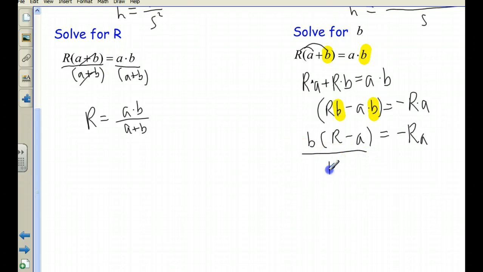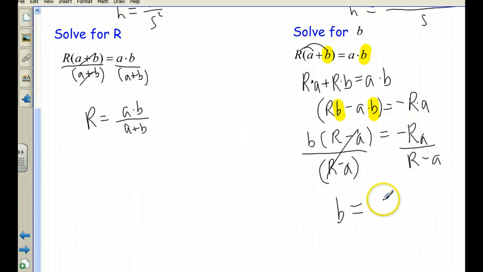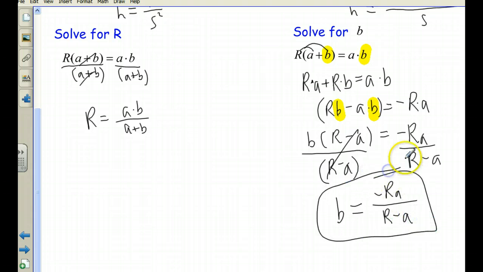At this point, we divide by R minus A. Those cancel, you get B equals. Don't try to simplify that. It really doesn't simplify here. Just write it out, negative RA over R minus A. And you have your answer.